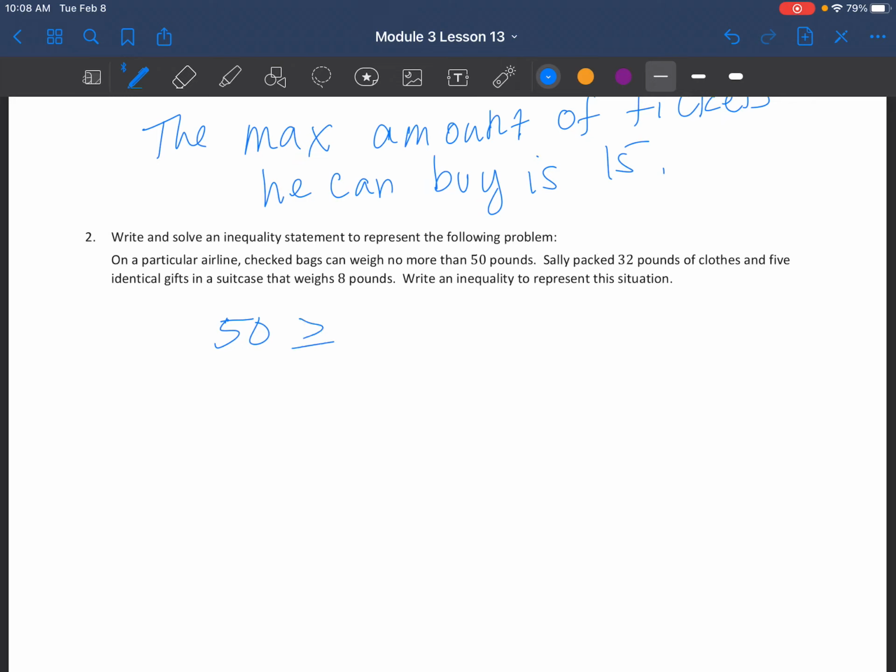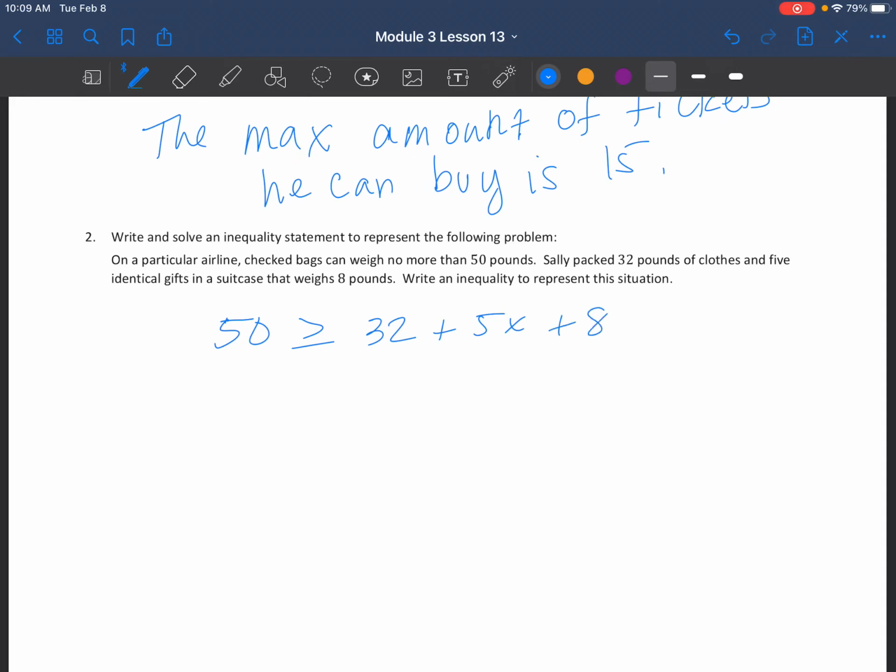We know that she can't check more than 50 pounds, okay? So whatever is on the other side of this inequality, it has to be that 50 is greater than or equal to, and we've got 32 because that's how many pounds of clothes she has.